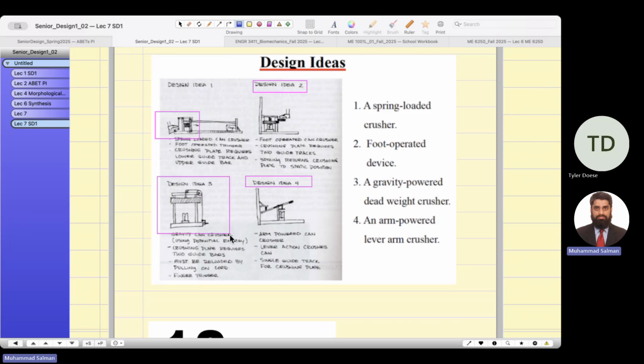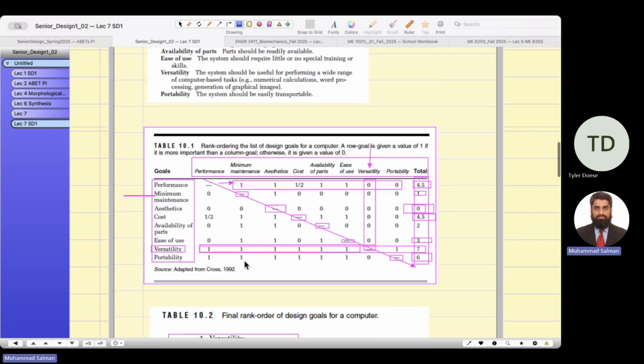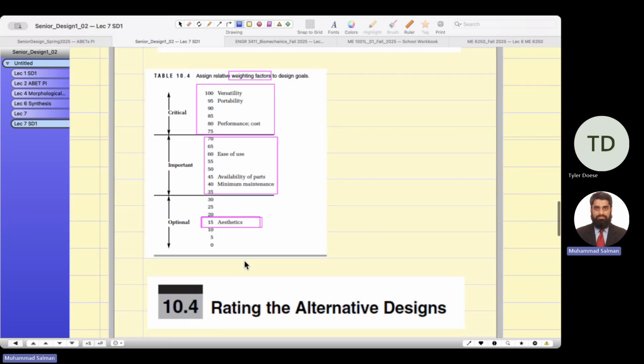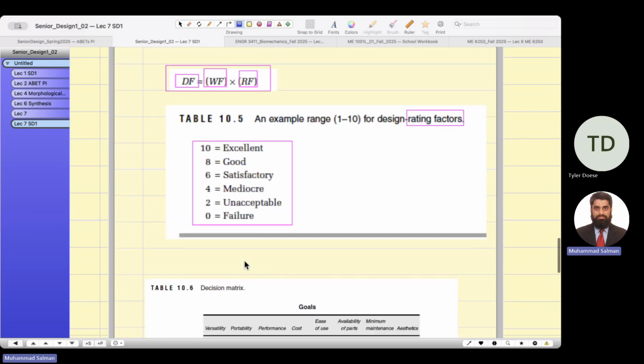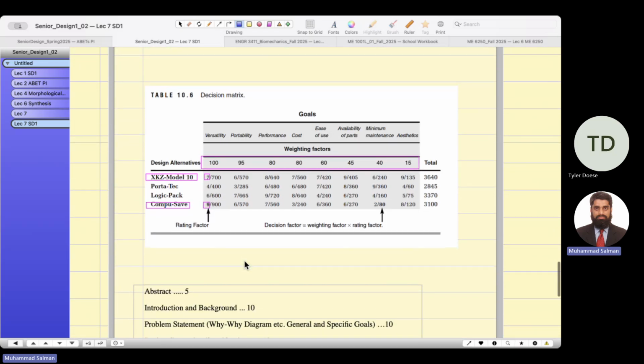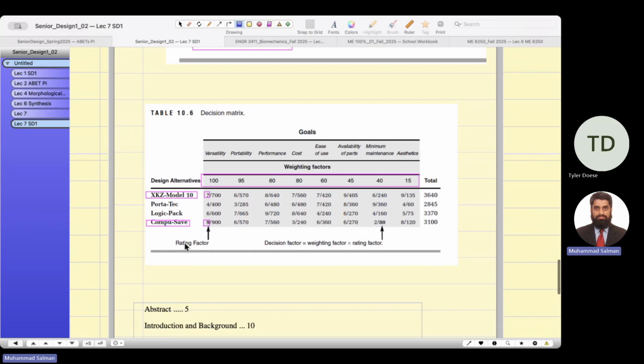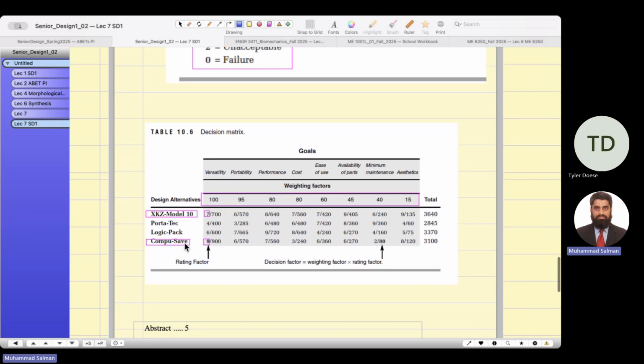Design idea 3, sorry, you can give safety rate factor 7, because here you have to use gravity, you have to drop the weight, maybe 5 kilograms weight, or maybe 5 pounds. I'm not sure, but gravity is really risky. You can pinch your finger when you are dropping the weight. So that's why the safety rate factor for design number 3 is low.